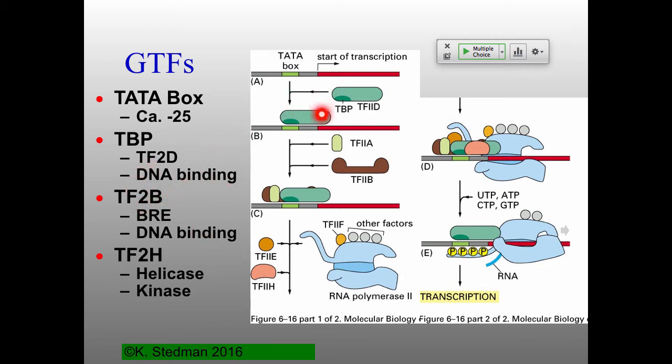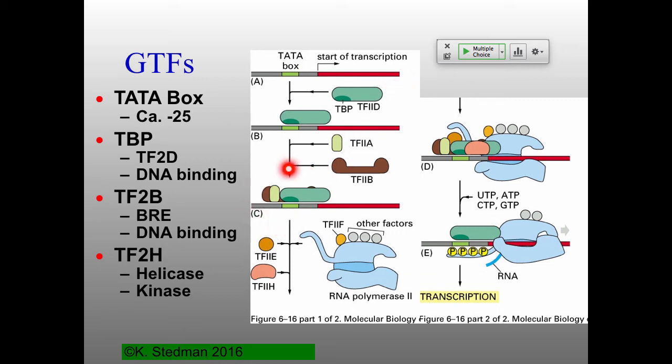TF2B binds to both TF2D, but also a very specific sequence, which we could also call a box, but people named it something else. They called it an element. So element is a DNA sequence, a box is a DNA sequence. So the TF2B recognition element, the BRE. So TF2B interacts with the BRE.